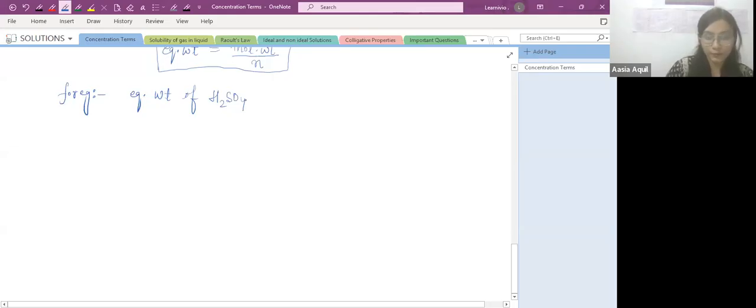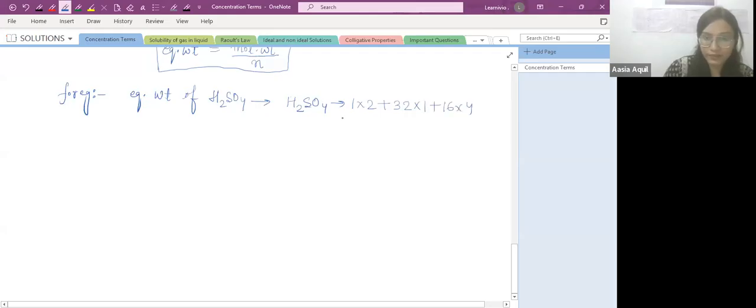The molecular weight of H2SO4 will be 98. How? See, the atomic mass of hydrogen is 1 and the number of hydrogen here is 2. The sulfur atomic mass is 32 and here sulfur is 1, plus oxygen atomic mass is 16 into 4.